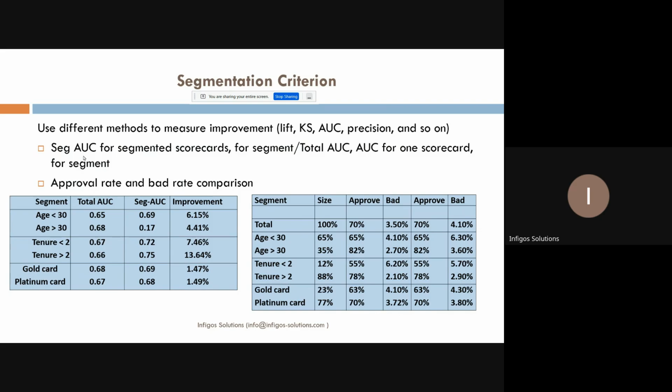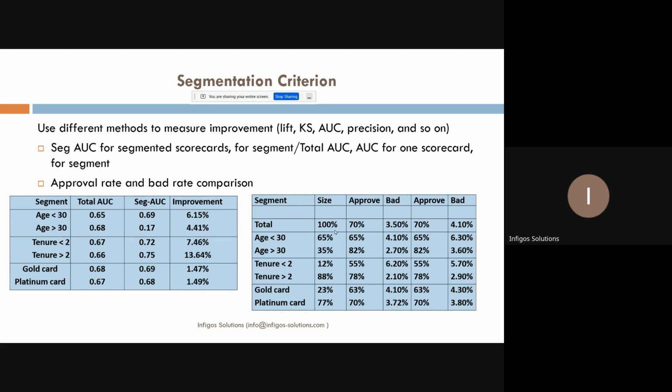So you check the AUC for the segmented scorecard and the AUC for the one scorecard, and compare approval rate and bad rate. For instance, here AUC is 0.65 versus 0.69, an improvement of 6.15%.